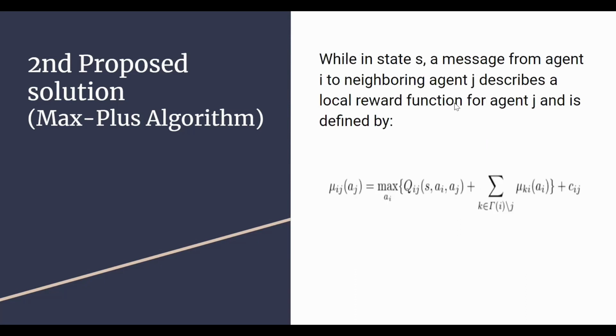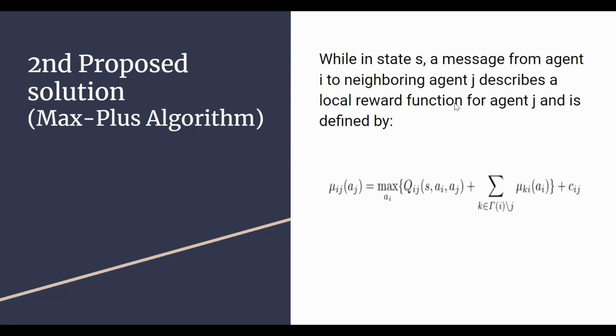Next, while in state s, a message from agent i to neighboring agent j describes a local reward function for agent j and is defined by the following. So this is the local reward function, or we can say the message which an agent i is sending to its neighboring agent j, for which we are using multi-agent reinforcement learning.